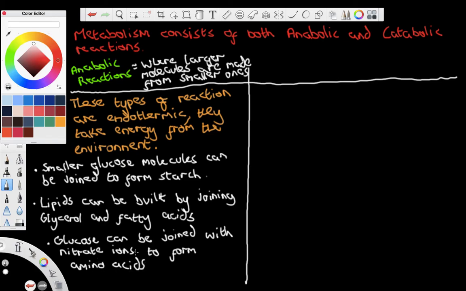So these are all examples of reactions in an organism's metabolism which build larger molecules from smaller ones, and they take energy from the environment to do that. They are endothermic. On the other hand, we've got what are known as catabolic reactions.